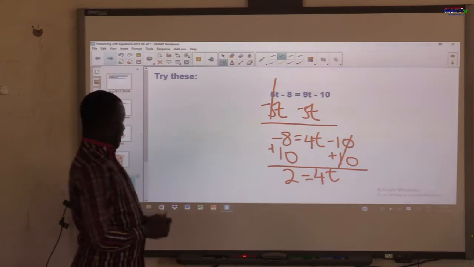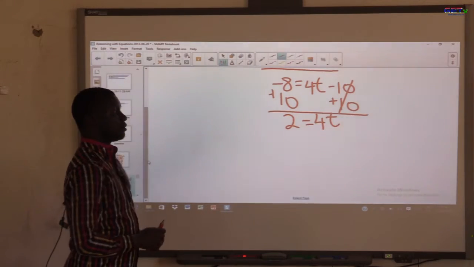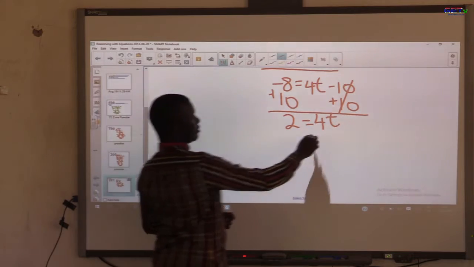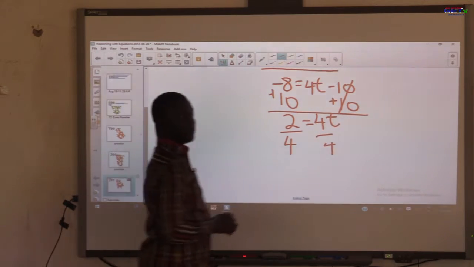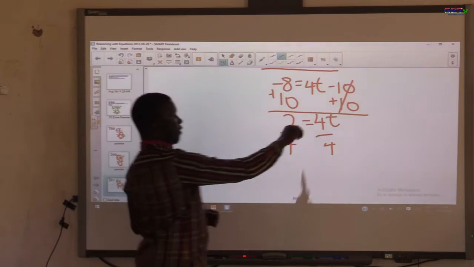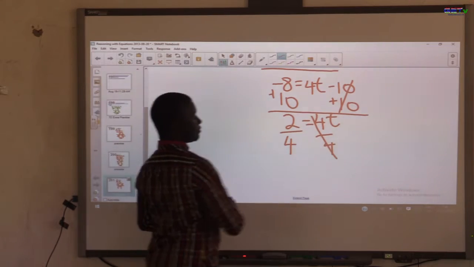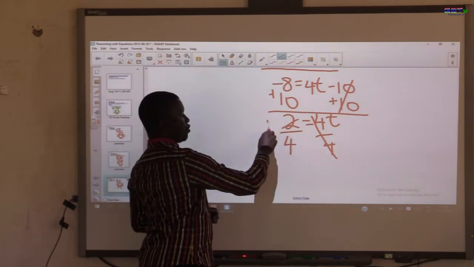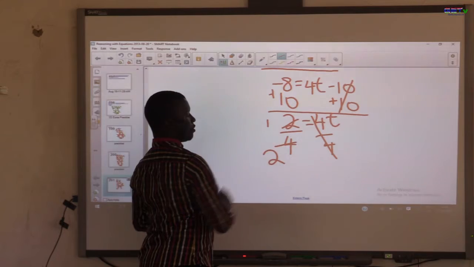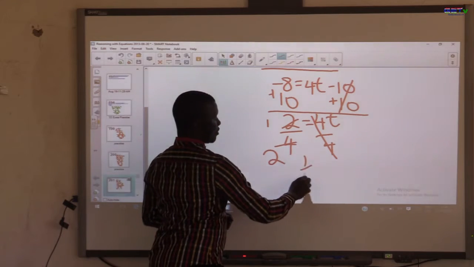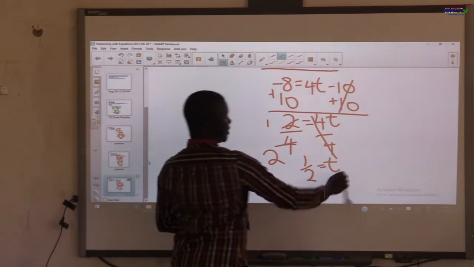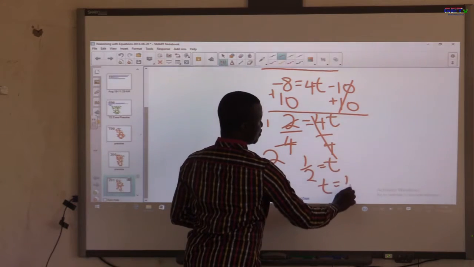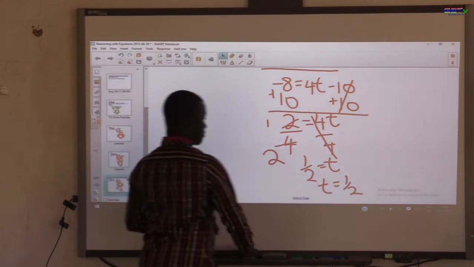Then we divide both sides by 4 to isolate our variable. 4 cancels out 4. 2 over 4 simplifies to 1 over 2. So 1 over 2 equals t. Better still, you can say t equals 1 over 2.